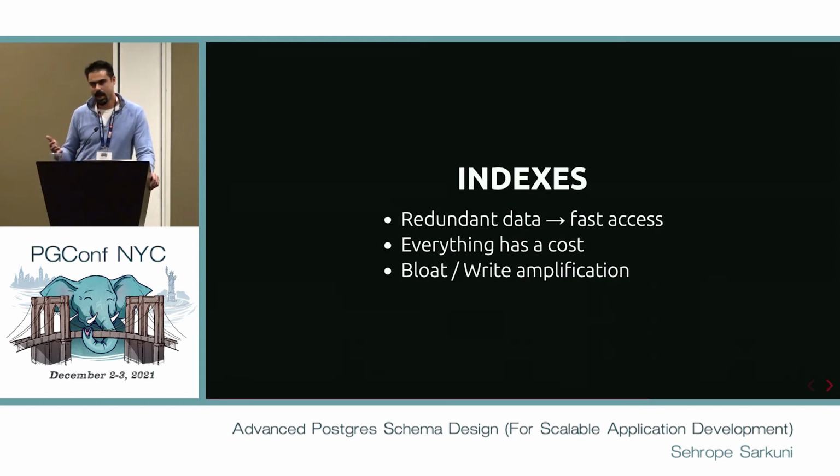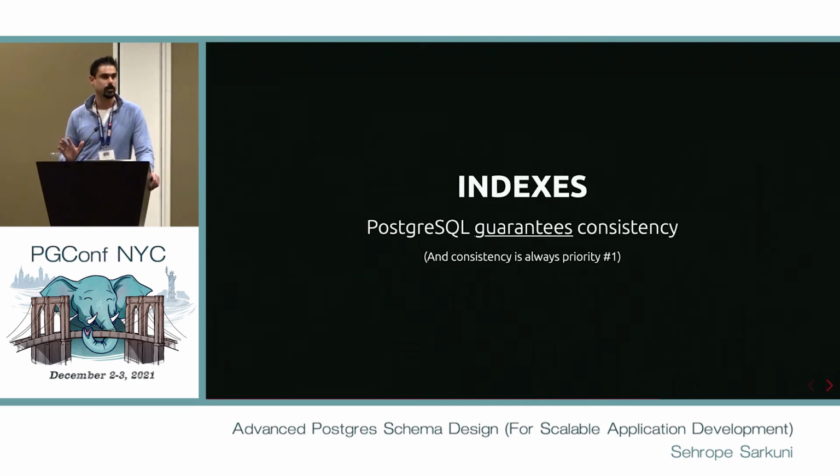The more indexes you have, the more Postgres has to maintain. But the important thing is Postgres does it for you. That's the whole point of indexes, that you don't have to think about it. You're not manually keeping data in sync. You just create the index, and Postgres does a whole bunch of magic to keep it consistent. And consistency is always priority number 1 because you want things to be consistent.